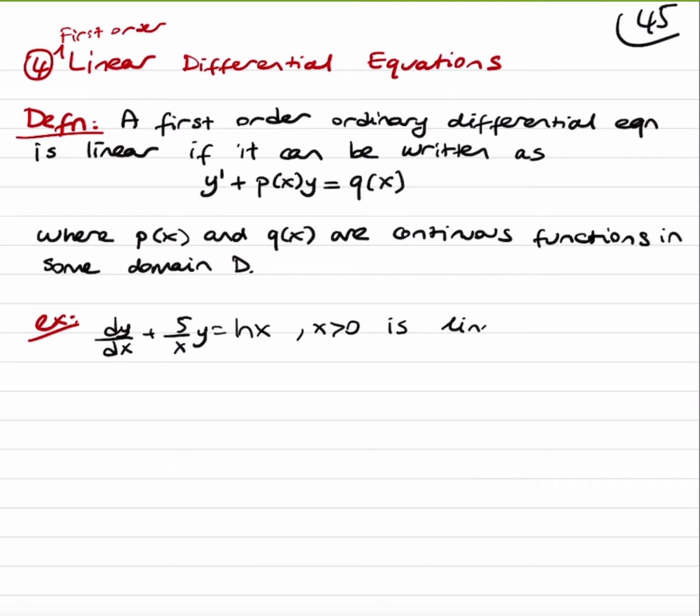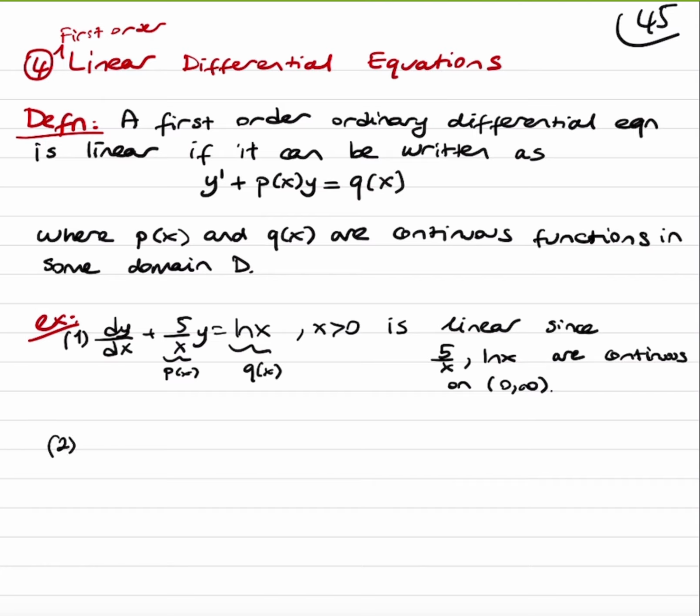Also, we have p of x is equal to 5 over x, q of x is equal to ln x. Since these two functions 5 over x and ln x are continuous on this interval 0 to infinity. Okay, let's give another example. So let's say this is example 1.